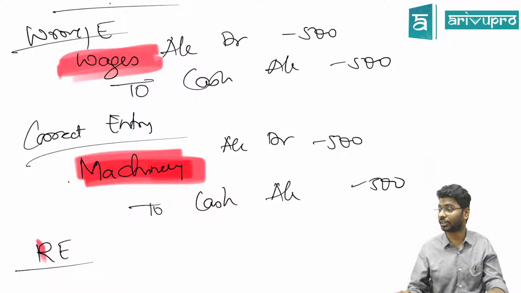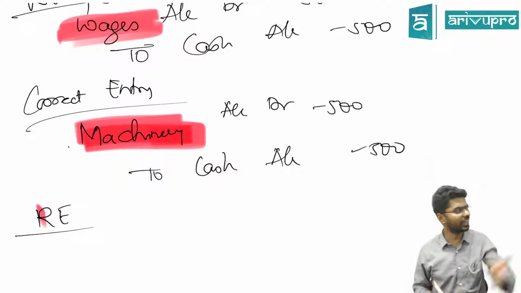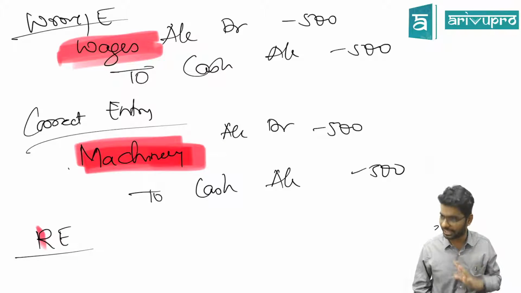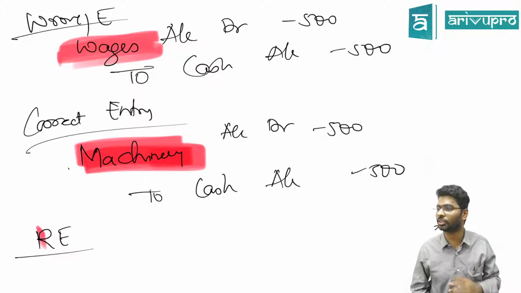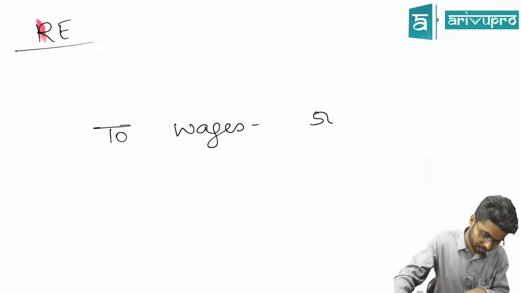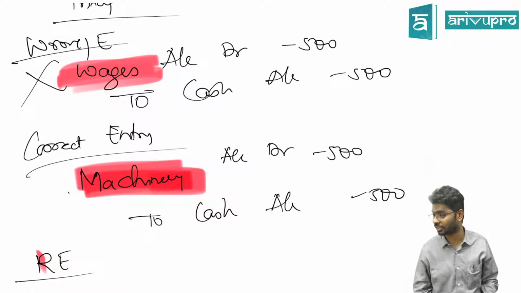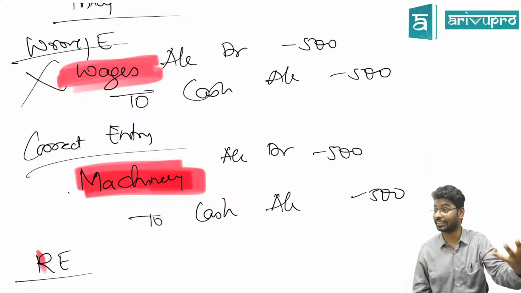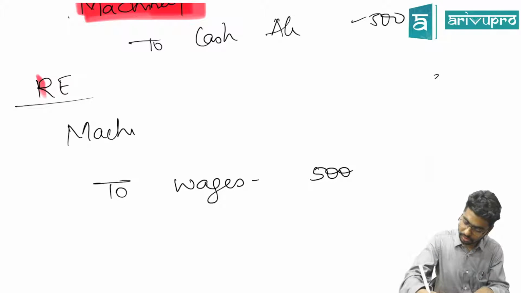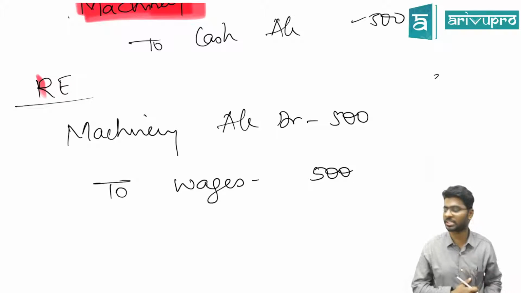How are you going to kick the wages? Wages account is already debited. So to cancel it, what will you do? You will credit wages 500. So that means now wages is thrown out of the books. Debit column is empty. Who should come instead of wages? Machinery account debit 500 to wages account 500.